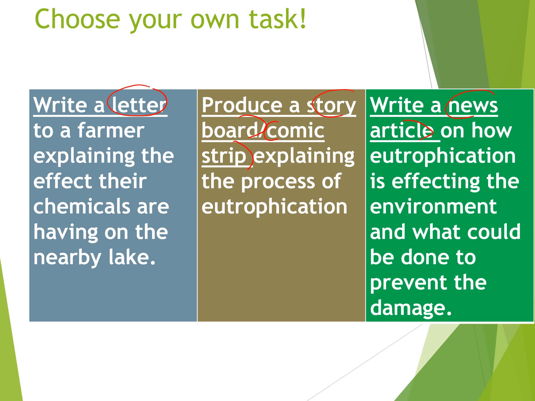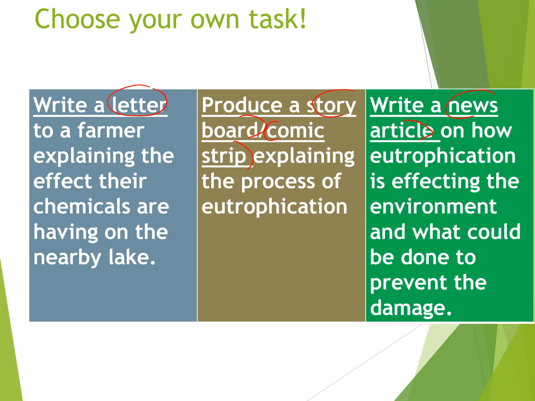So if you're doing the letter, I want you to write the letter to a farmer, explaining the effect that their chemicals are having on the nearby lake. If you're doing the storyboard or the comic strip, you can either print off the page that you will see in the PowerPoint, to be able to draw your comic strip, or you can design your own. It's really up to you. And if you want to do it using the computer, that's absolutely fine as well.